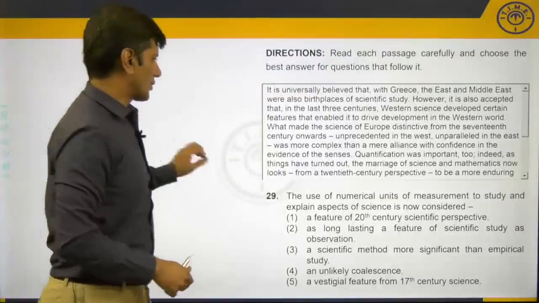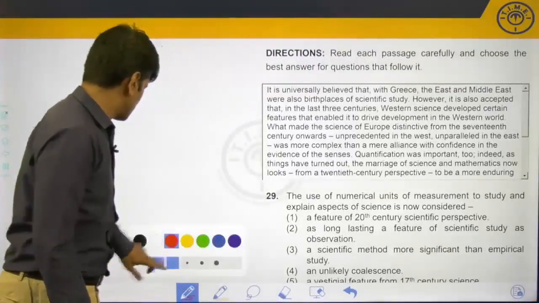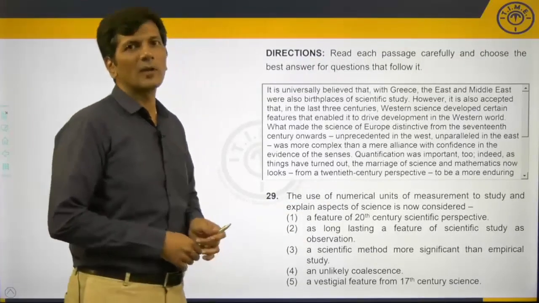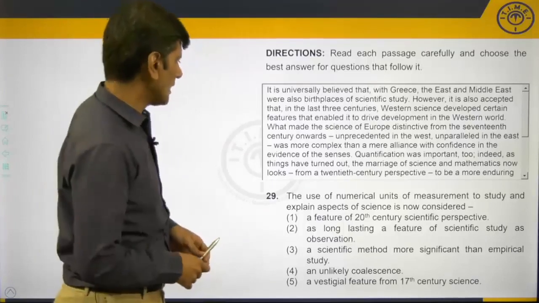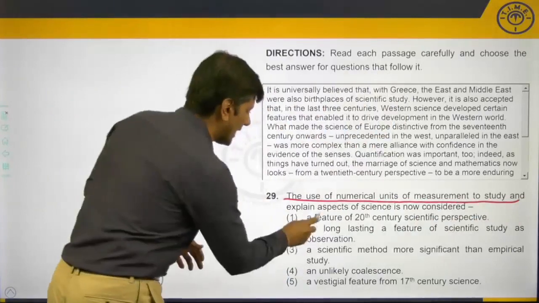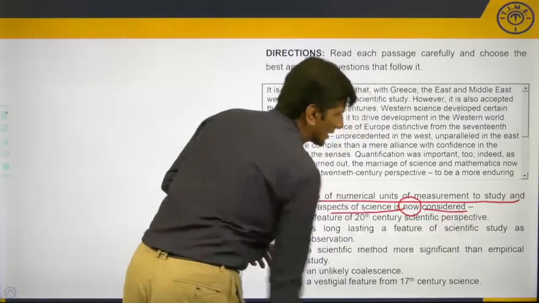29th question. The use of numerical units of measurement to study and explain aspects of science is now considered what?